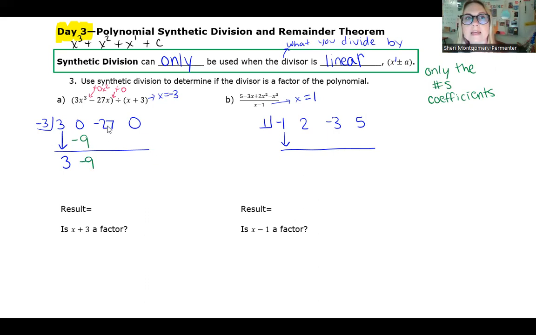So you multiply, add, multiply, add. So -9 times -3 is positive 27. So -27 plus 27, that's 0. What's 0 times -3? 0.